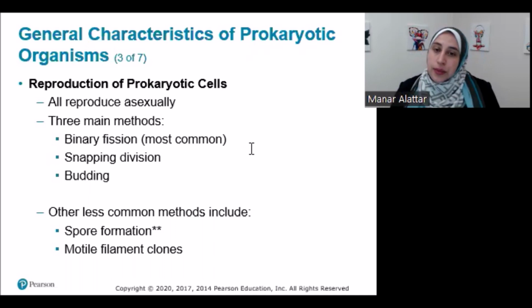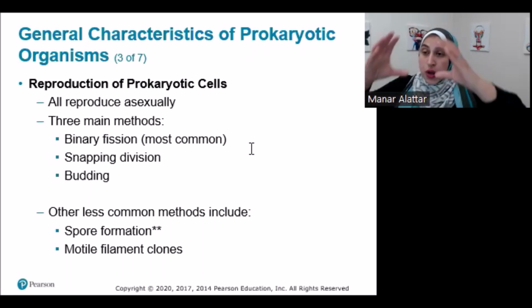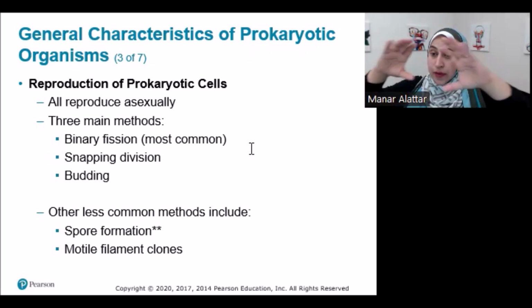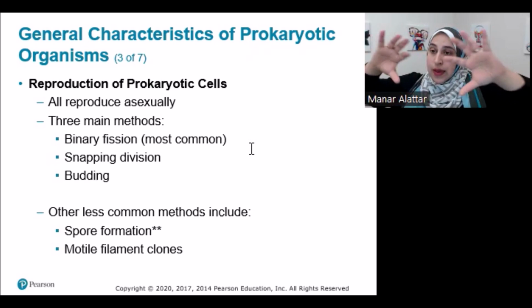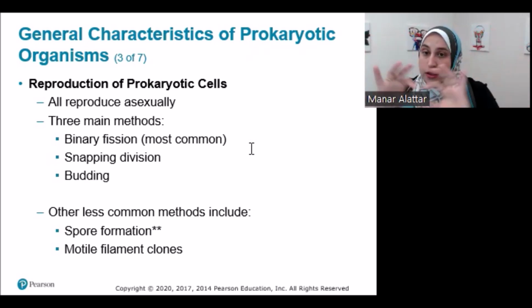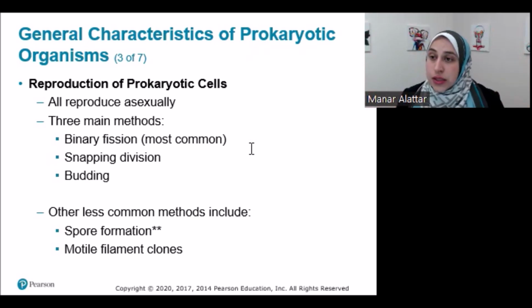Okay. The most common way that prokaryotes reproduce is through binary fission, where you have a parent cell replicate its genetic information, grow, and then allow that genetic information to move to the poles and then divide into daughter cells, and then continuing that process throughout.